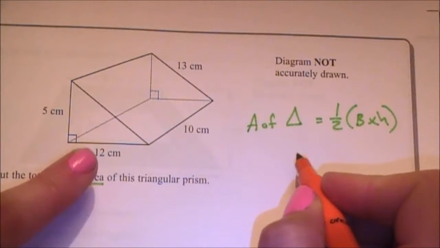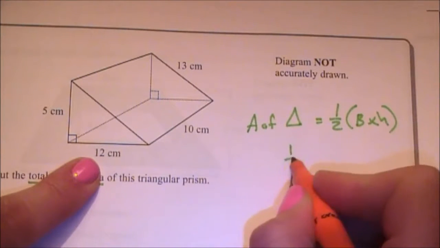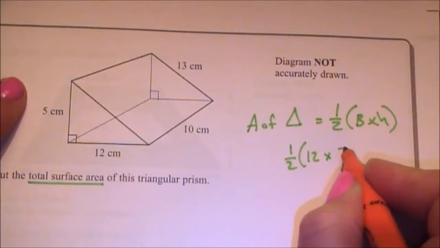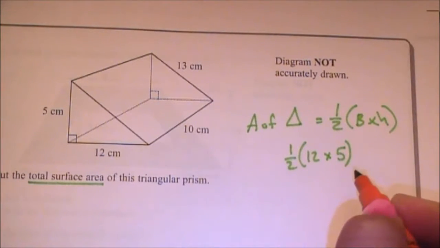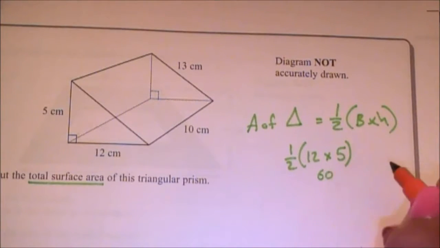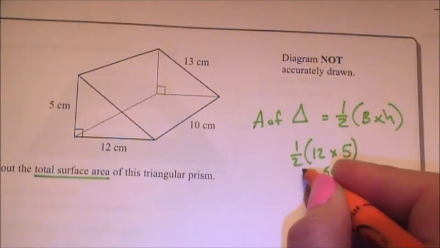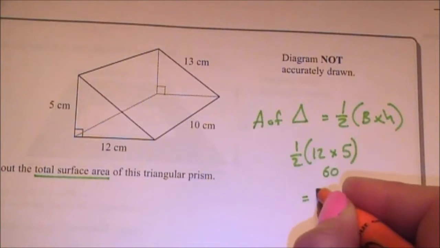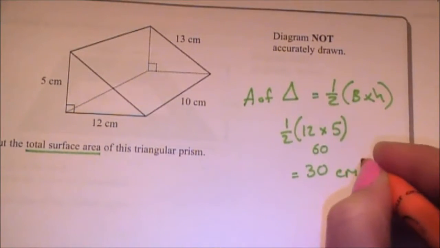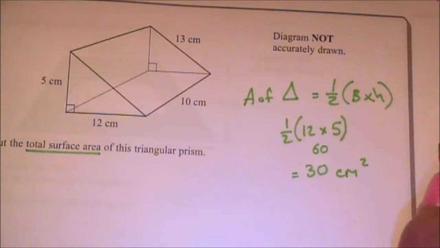And in this case, I've got a base of 12, so I'm doing half of 12 times a height of 5. 12 times 5 is 60, so I'm finding half of 60, which is 30. I'm dealing in area, that is centimetres squared.